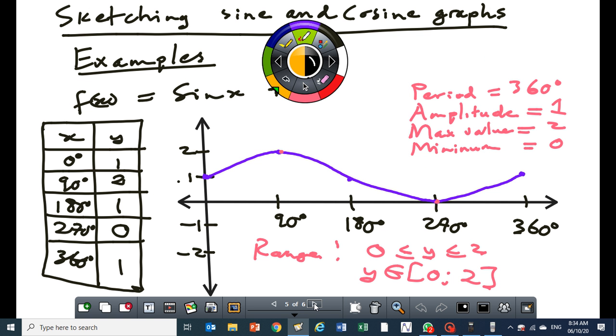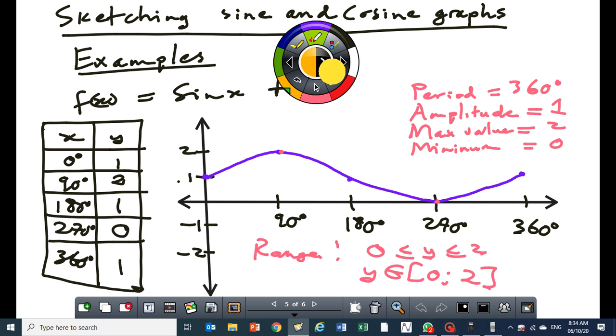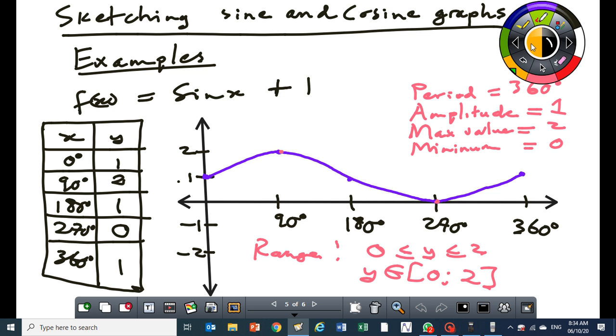Right, sketching sine and cosine graphs. That's the next heading. Okay, so here I started with the graph of sine.